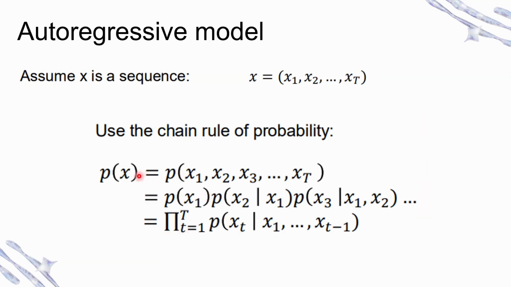For example, if we want to model P of X, it will be equal to P of just X1, since it doesn't have anything before it, times P of X2 given X1, because that's the only thing it has before. Then we have P of X3 given X1 and X2, and it will go on until the very last one. Each of these can be further broken down into smaller probabilities given the Bayes rules that we saw before.